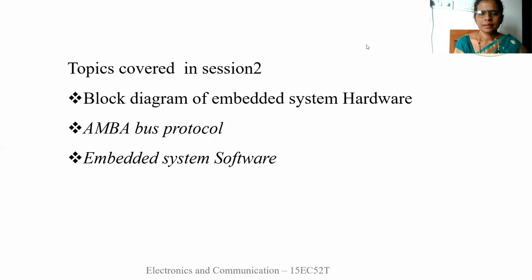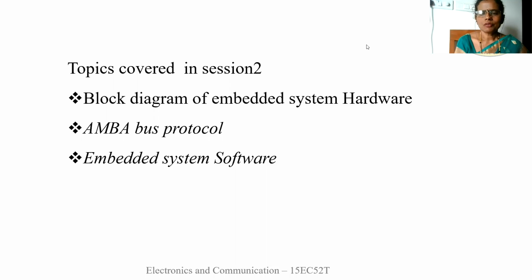Next we studied the important block, the controller. In that we studied two types of controller, memory controller and interrupt controller. The interrupts are handled by the interrupt controller and the memory devices are controlled with the help of the memory controller.